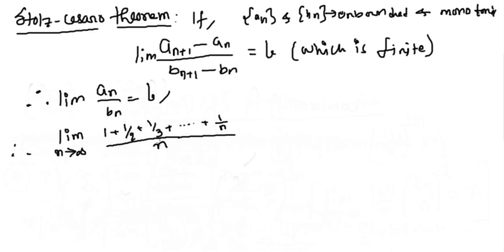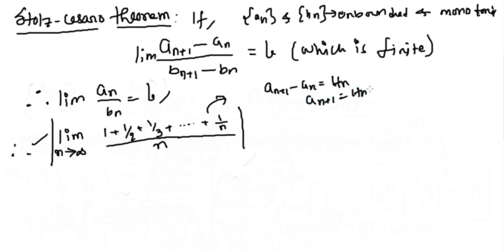We're not really sure about it. So we have to first understand whether this can be evaluated by the Stolz-Cesaro theorem or not. Right? So this is basically an plus 1 minus an, right? So what could be an plus 1 minus an? If you can express this as an plus 1 minus an equals hn, then you are done. Because then an plus 1 will be hn, which is the harmonic number, plus an, isn't it?